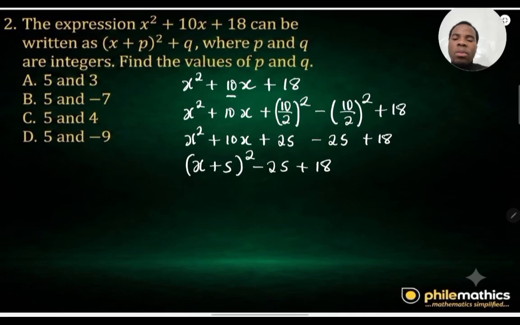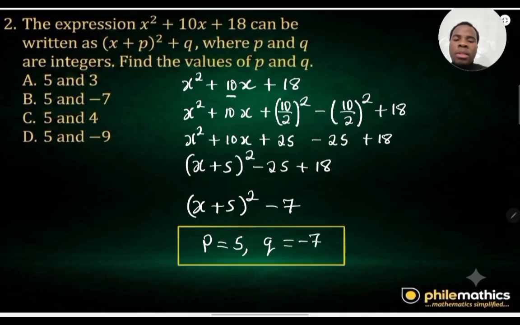So our final answer will be x plus 5 all square, minus 25 plus 18 will give us minus 7. And so from this, we will have that P is 5, and then Q is minus 7. This is our final answer, and which gives us B.